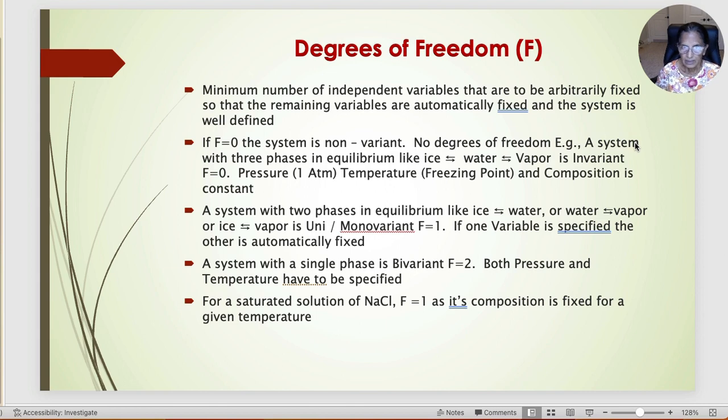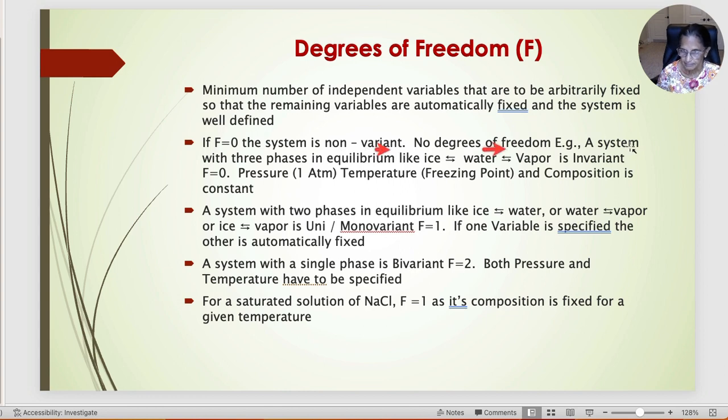Now let's see what is degrees of freedom. It's represented by capital F. Degrees of freedom is the minimum number of independent intrinsic variables that are to be arbitrarily fixed so that the remaining variables are automatically fixed and the system is well defined. For example, if F is equal to 0, it is called a zero variant or non-variant system.